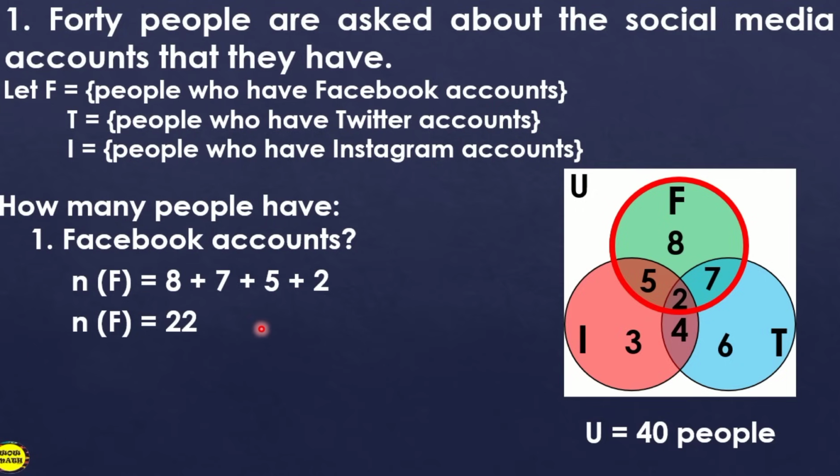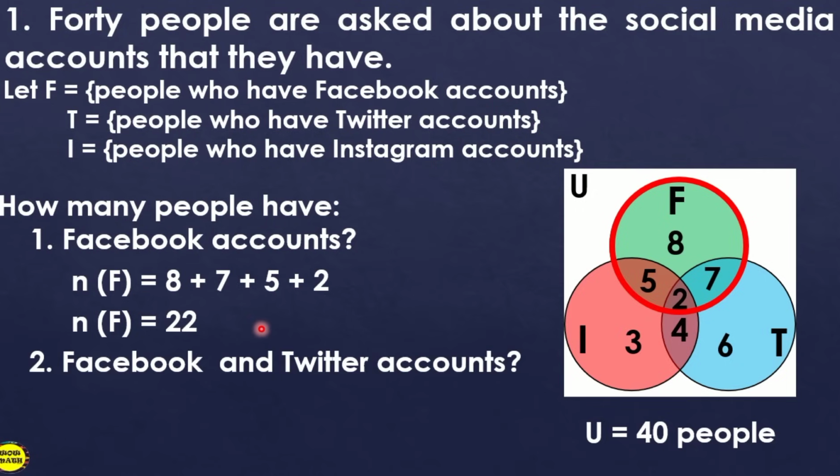Next, how many people have Facebook and Twitter accounts? Since we have here the word "and", "and" means intersection. Yun po ang tatandaan. Pag nakita nyo yung word na "and", ibig sabihin intersection. Kapag "or", ibig sabihin union, combine all. So kunin natin yung intersection ni Facebook at ni Twitter.